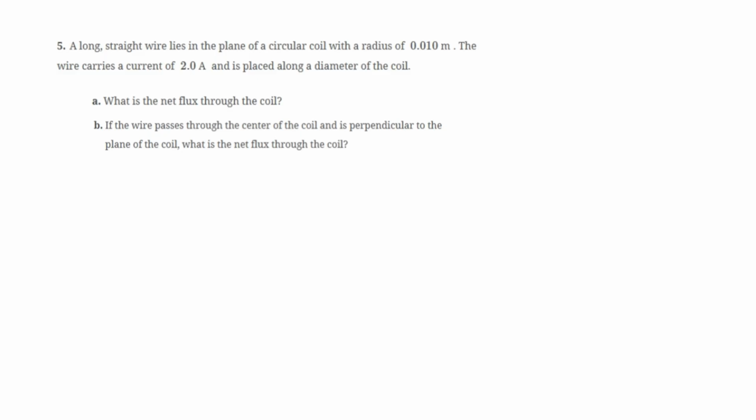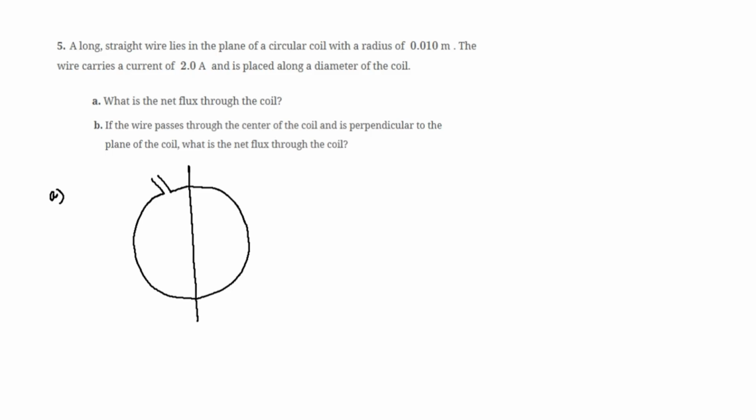Now, we have a long straight wire that lies on the plane of the circular coil with radius 0.010 meters. So basically, in my first case, here is my coil. And then I will have this wire that passes through the center.